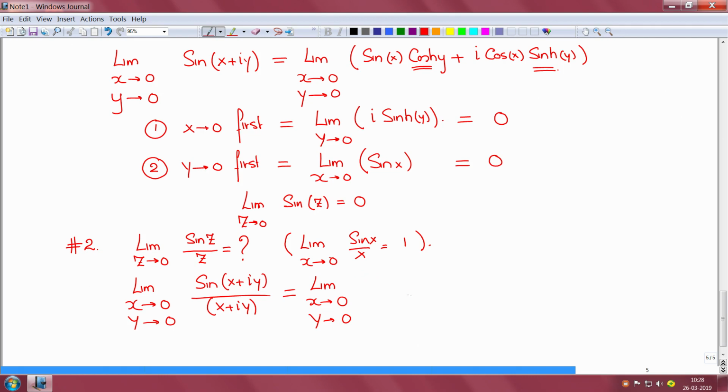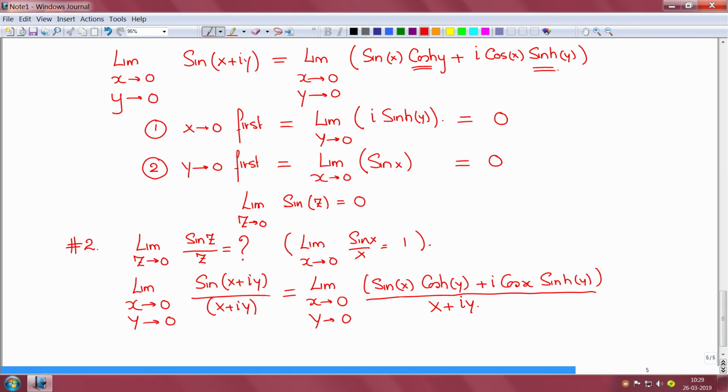In the numerator I have sin x cosh y plus i cos x sinh y, divided by x plus iy.